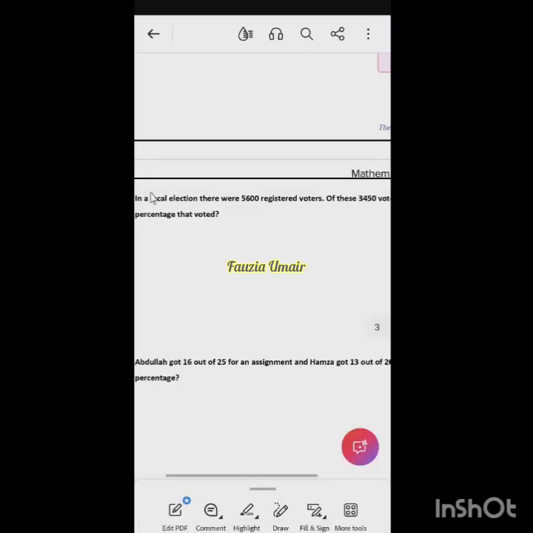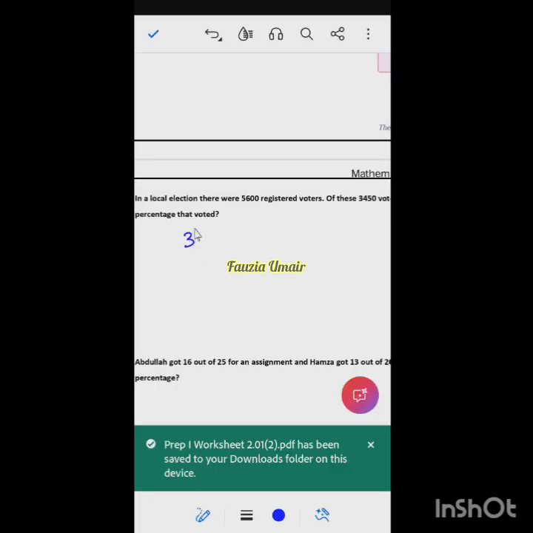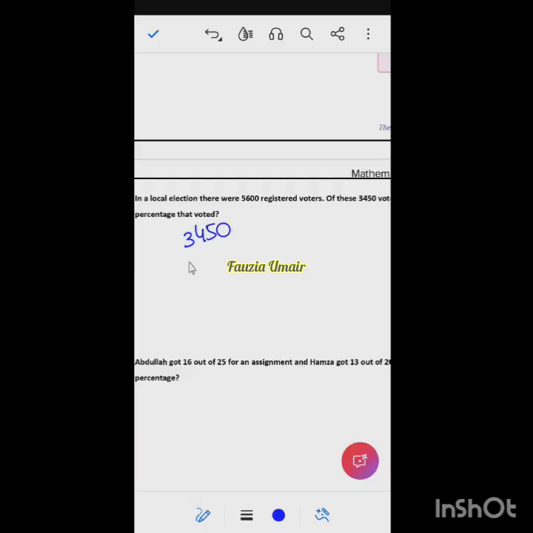Will it be 5600 by 3450, or will it be 3450 by 5600? We will write 3450 first and then 5600, because we are talking about 3450 people out of 5600. So this is the fraction.